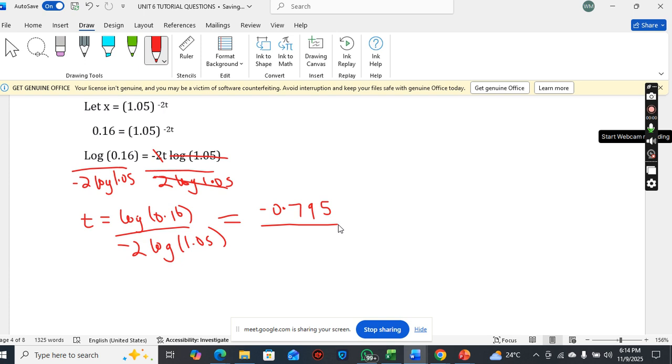Are we getting that? Then log 1.05, getting 0.0211.